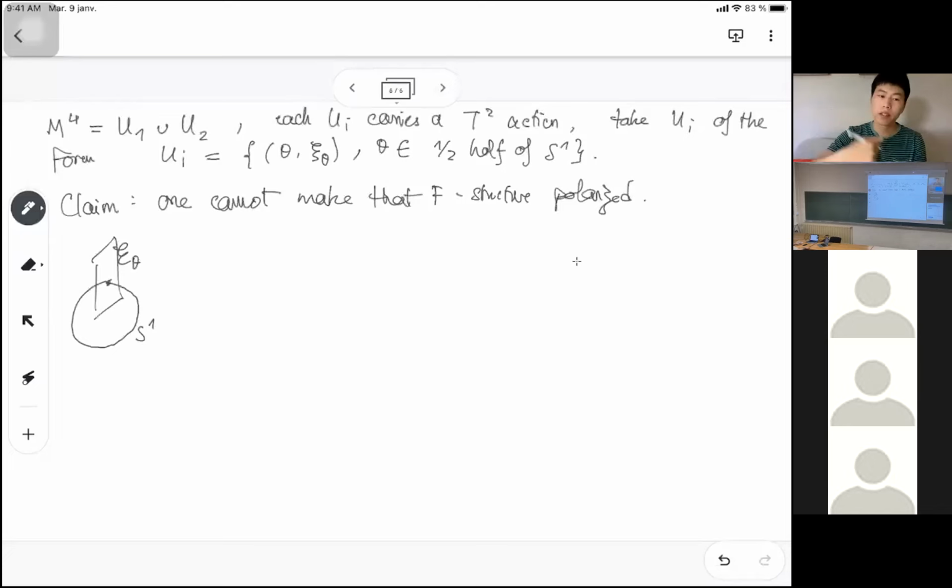So in each E theta, you pick what you think is the right S1 action that is free, and you go around S1, you get a non-trivial holonomy. So the S1 action that you get after one loop around S1 is not the S1 action that you started with at the beginning. So in particular, you cannot find an S1 action on M that preserves the fibers E theta, and that is free.